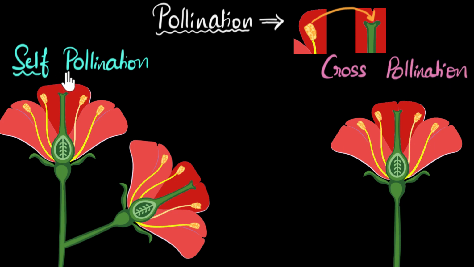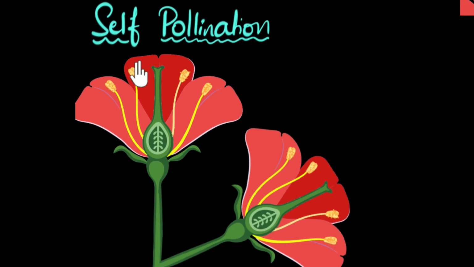What exactly is this? As the name suggests, if the pollen grains are transferred within the same plant itself, then we'll say it's self-pollination. One way that can happen is if pollen grains are transferred within the same flower, from the anther to the stigma of the same flower. This is self-pollination.